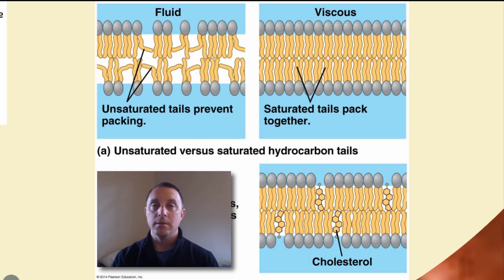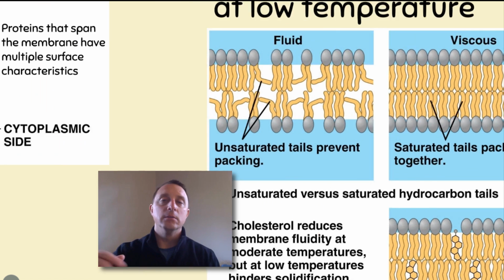As these unsaturated fatty acids become more prevalent in the cell membrane, the membrane will stay fluid at lower and lower temperatures. So this unsaturated versus saturated fatty acid content is very important to keep the membrane fluid at low temperatures.